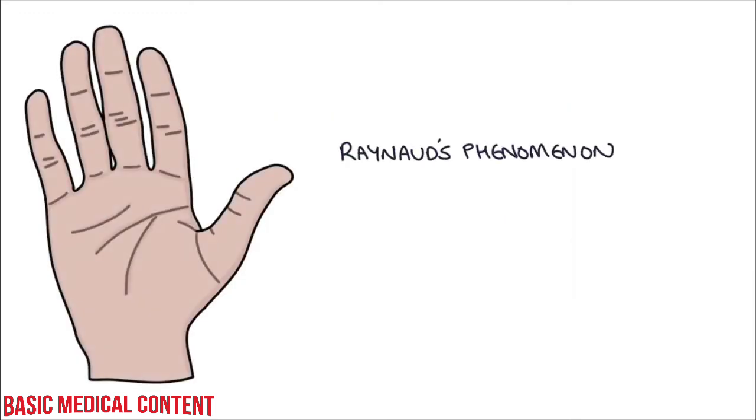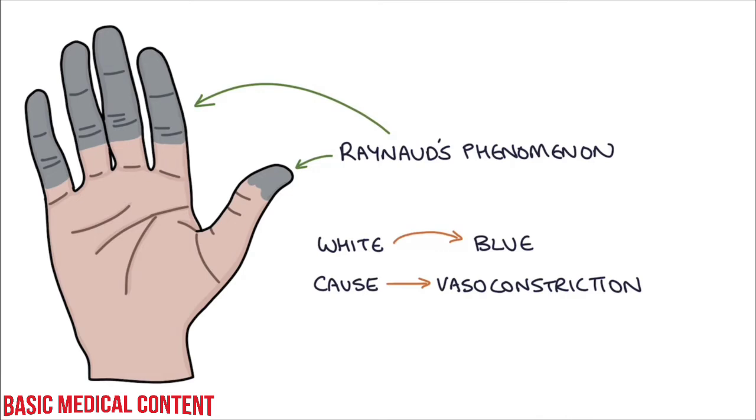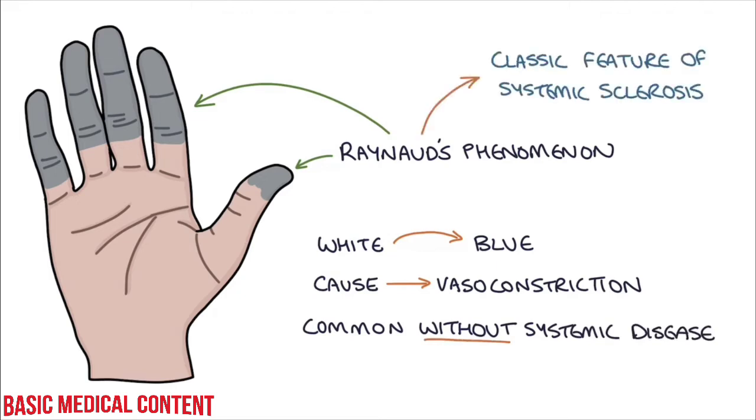Raynaud's phenomenon is where the fingertips go completely white, then blue in response to even mild cold. It's caused by vasoconstriction of the vessels that supply the fingers, and it commonly occurs without any associated systemic disease. However, it is a classical feature of systemic sclerosis.